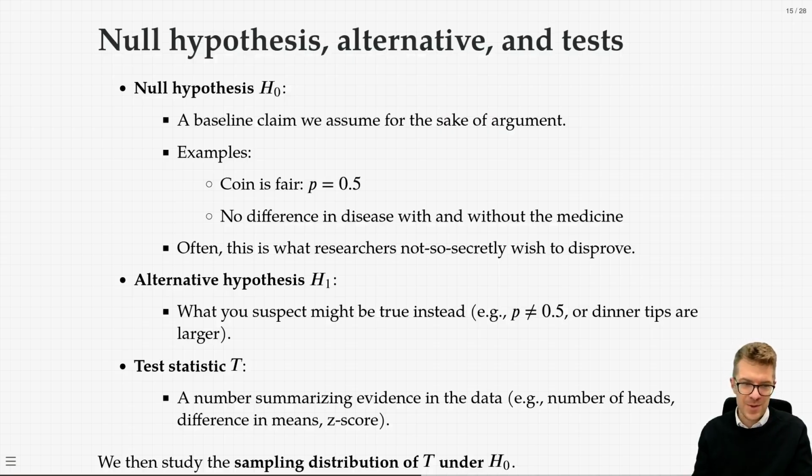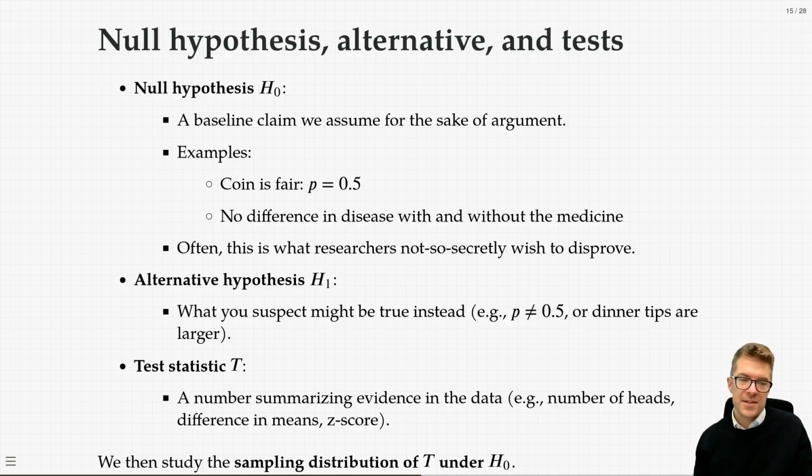If dinner tips are actually larger than lunch tips, that would be the alternative hypothesis to dinner tips and lunch tips are the same. Or it could be, no, this medicine actually results in an observable change in the disease for the patients, would be the alternative hypothesis. Again, we're not going to go and seek evidence that the alternative hypothesis is true. We're going to set up a very hard to beat null hypothesis and then prove that that is not true.